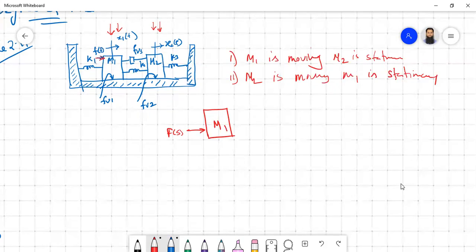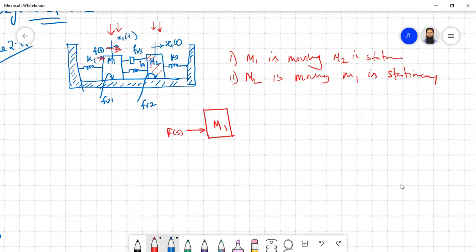Now, M2 is temporarily assumed to be a stationary body, so it is not moving. So what will happen if M1 tries to move in this direction, x1? Since M2 is stationary, because of this force you will have some forces in the opposite direction.